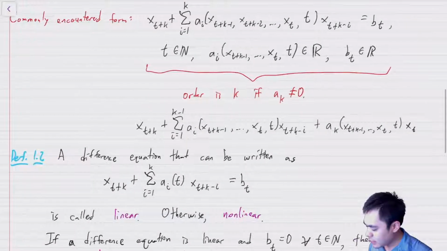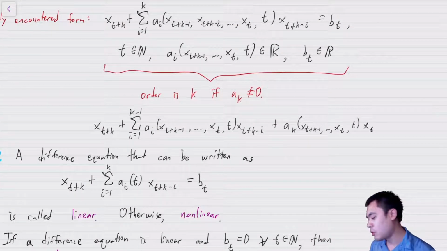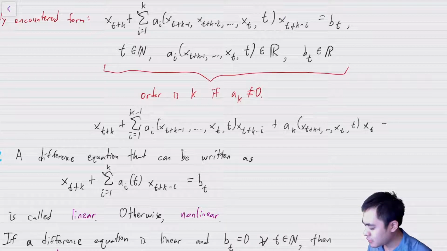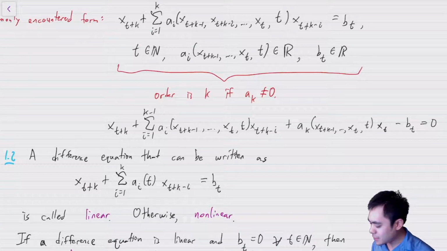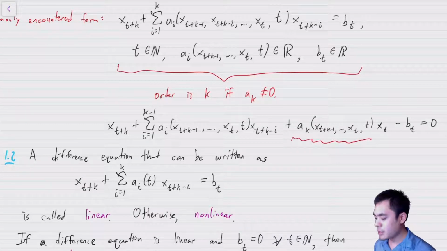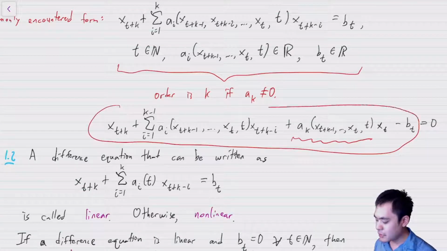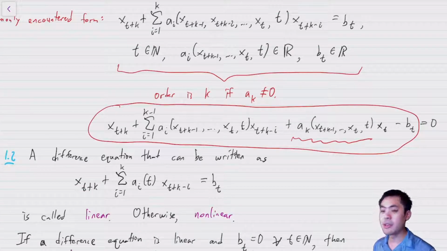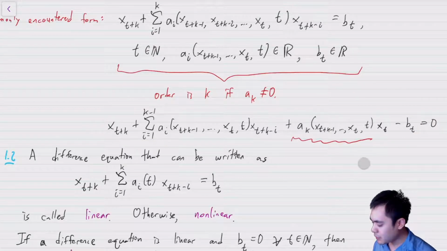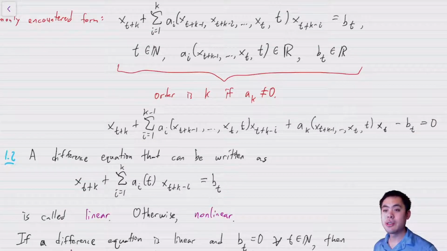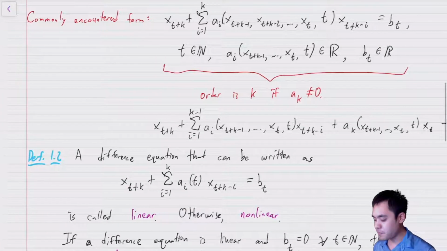And let's go ahead and move the b sub t over onto the left-hand side, just so we have it in more standard form. And we're setting that equal to 0. Well, if you look at this function, so long as this a sub k term is not equal to 0, this entire thing is obviously going to explicitly depend on both x sub t plus k and x sub t. So one of the nice things about a difference equation in this form is you can just read off the order by looking at the coefficient a sub k.